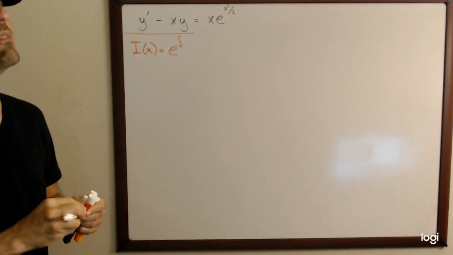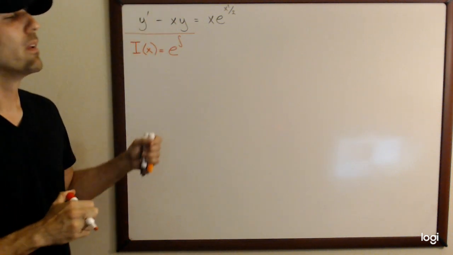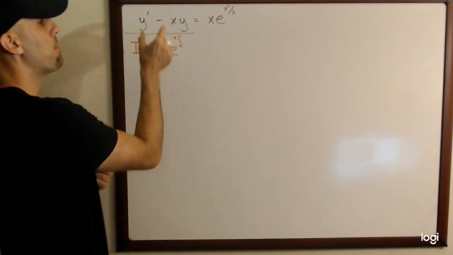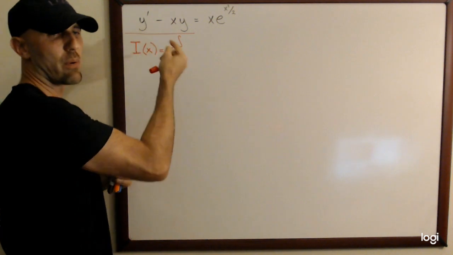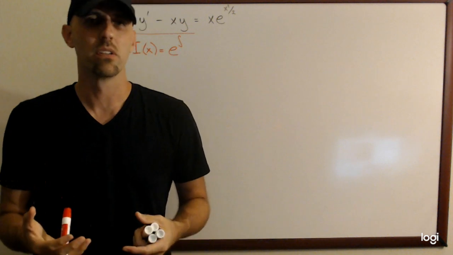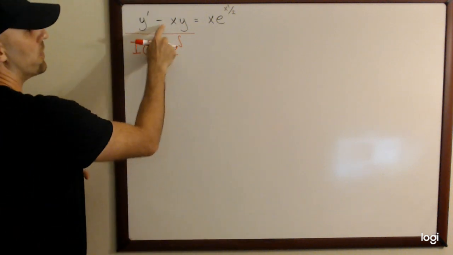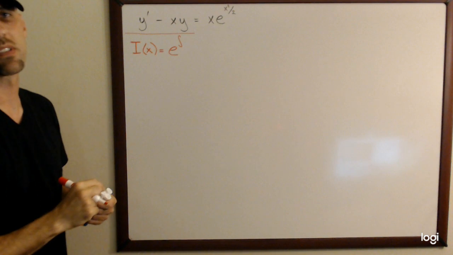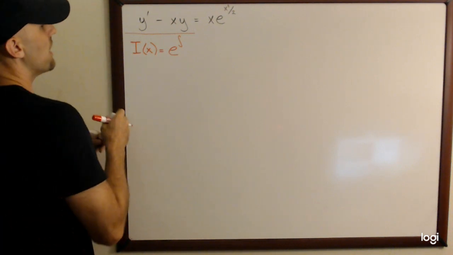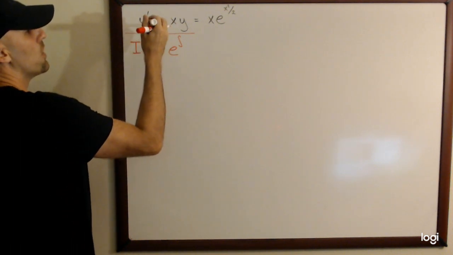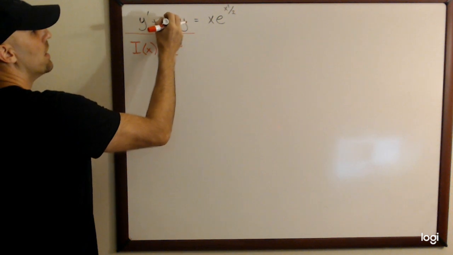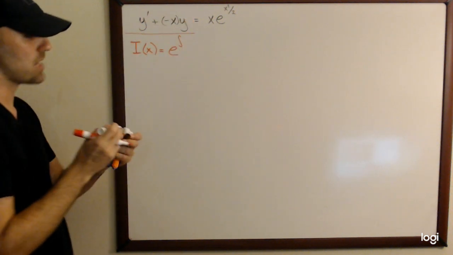Now this is very, very important. I want the end result of all this work to be a product rule on the left-hand side. Product rules are addition, which means I'd like for this to be plus. What that means is that I have to treat this as y prime plus negative x times y.